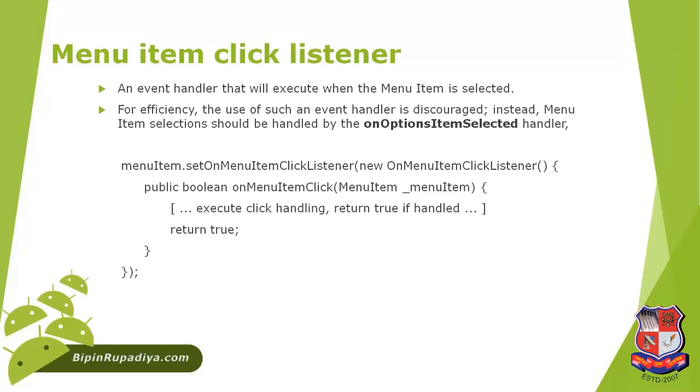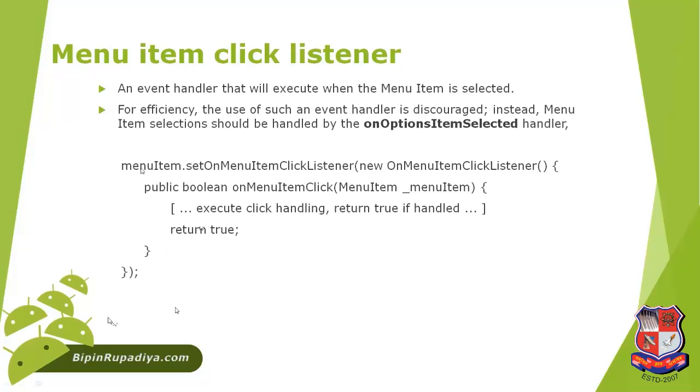But they also provide one other option, setOnMenuItemClickListener, but it will degrade the performance of the application. So the developer community suggests that these two methods, onOptionsItemSelected or onContextItemSelected, should be utilized. But in a case where you want to utilize this, you can.